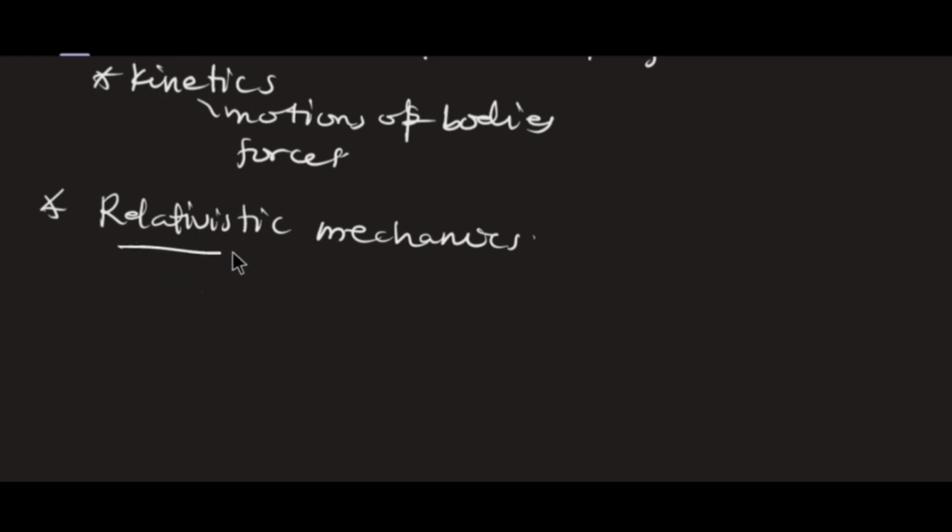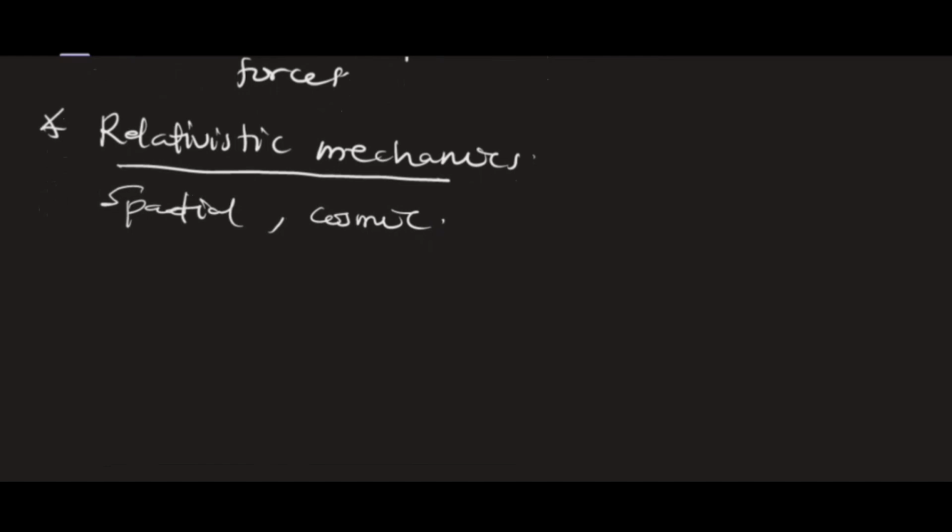So this mechanics deals with spatial or cosmic, astronomical bodies, with strong gravitational fields and velocities approaching the speed of light. So those parameters used in astronomy are under relativistic mechanics.